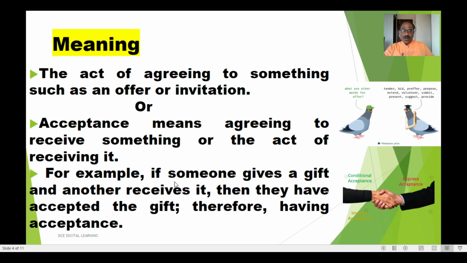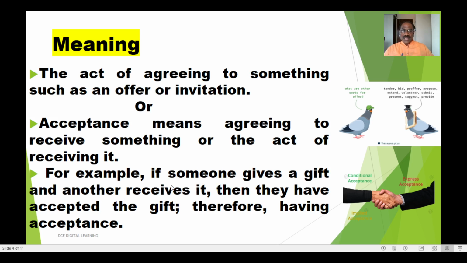So here there are two parties, the donor and donee, that is, the person who has given the gift to another person, and the opposite party, another person who has received the gift. So here one party has offered the gift, the other party has received the gift. Therefore the offer is from one party and the acceptance is by the other party. Therefore definitely the contract will be created between these two people.